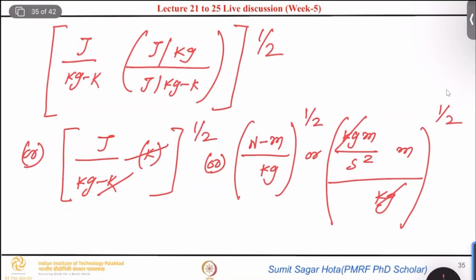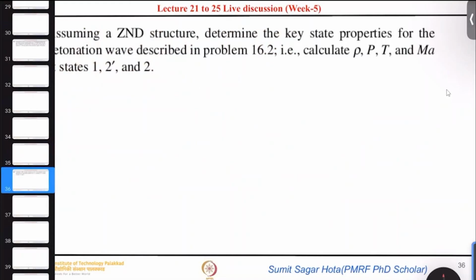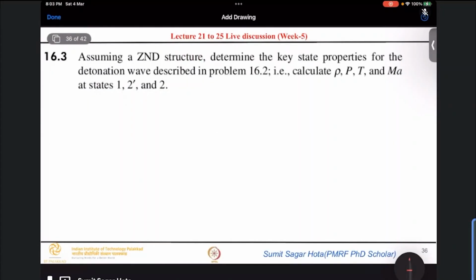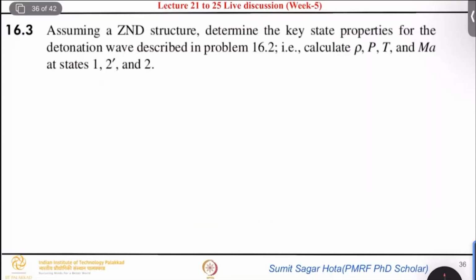Now the value comes out to be meter per second, which is the unit of Vd. Now let's proceed to our next question.